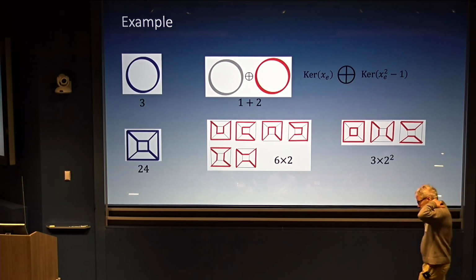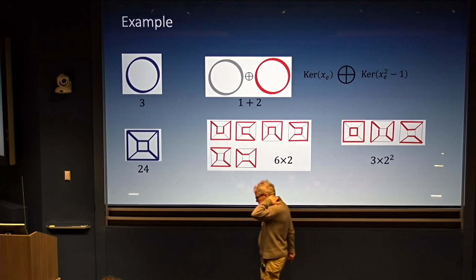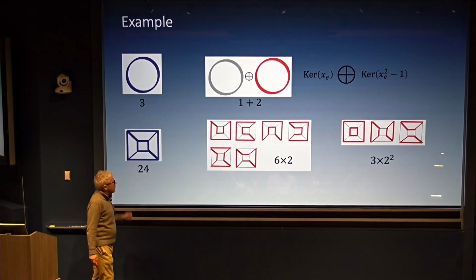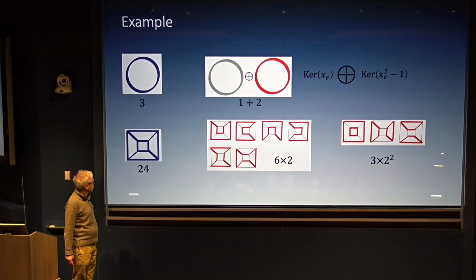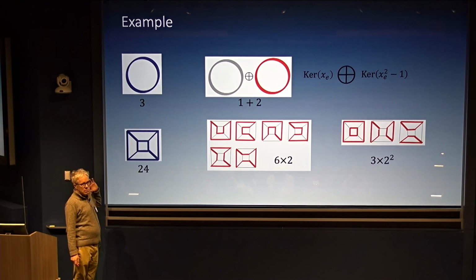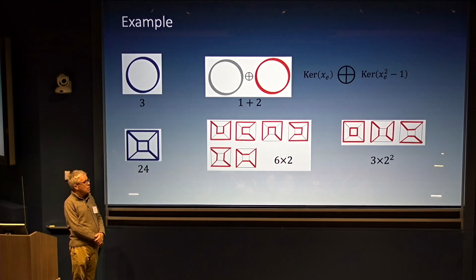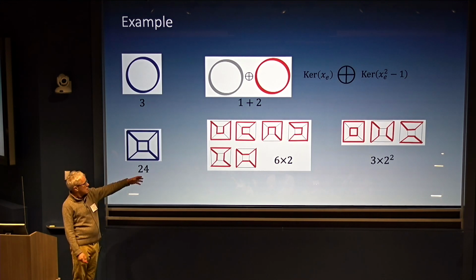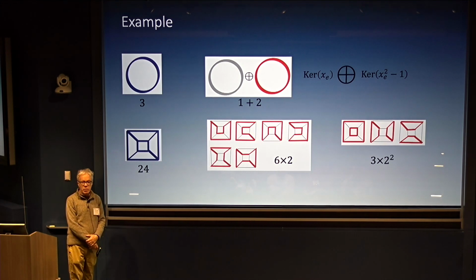But this one-set decomposition just makes it very easy to understand planar graphs. Here's the cube. We believe its L-sharp has rank 24, which is also the number of Tait colorings. Well, why is it 24? L-sharp of the cube has this decomposition according to one set.